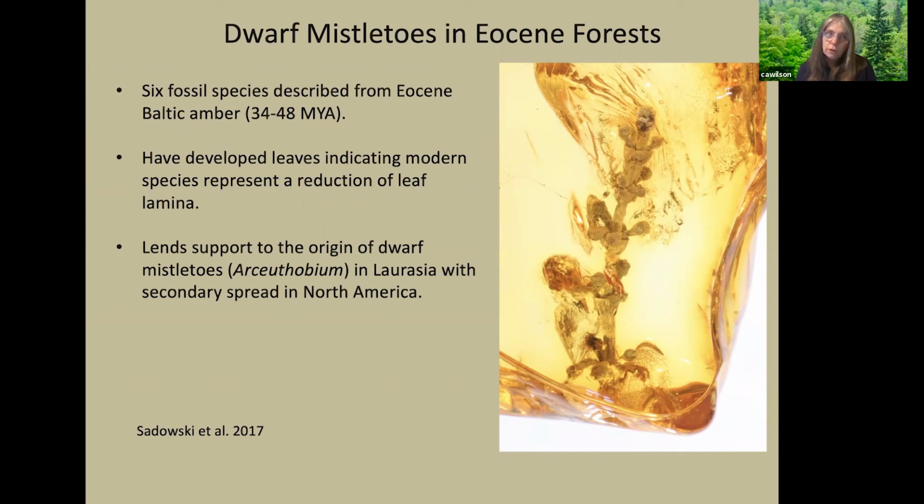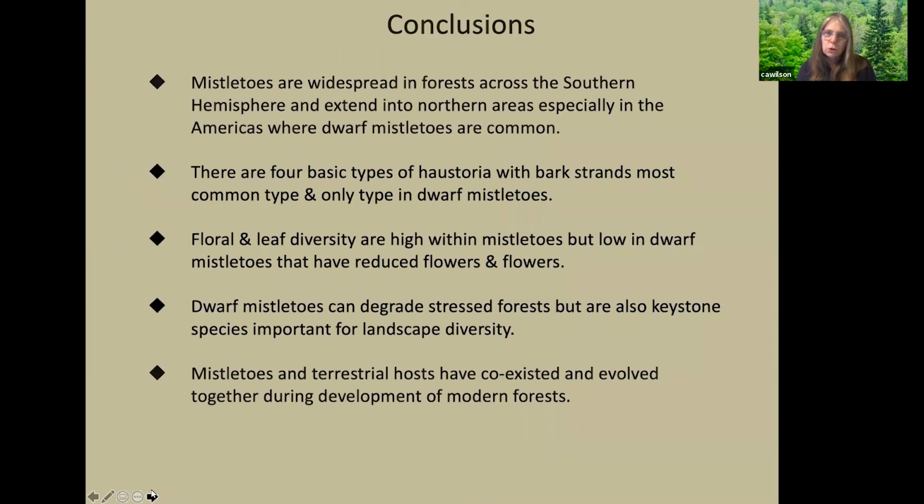I think there are 5 species outside the New World, and they're pretty restricted. At one time they were probably common there, and it was in fact a secondary spread into North America for Arceuthobium or dwarf mistletoe.